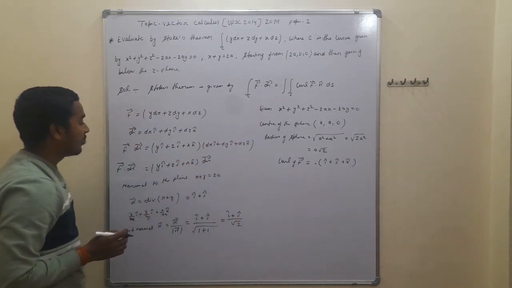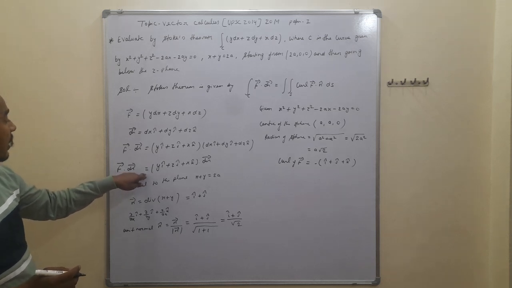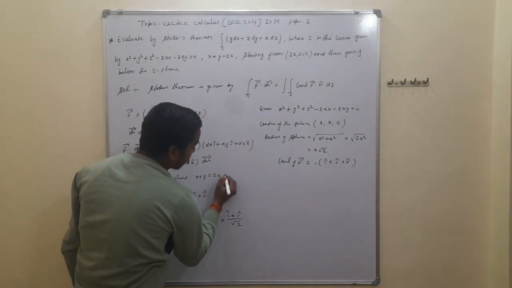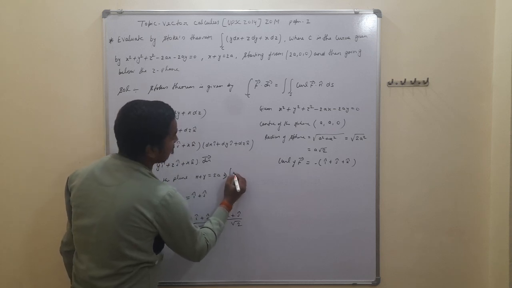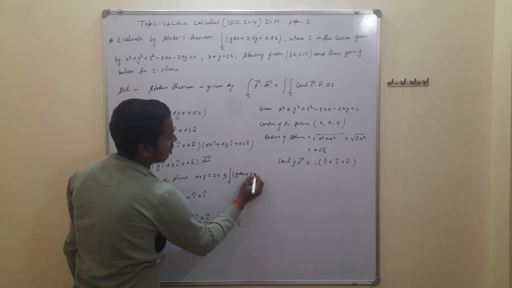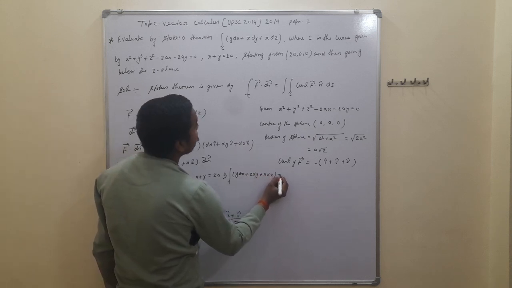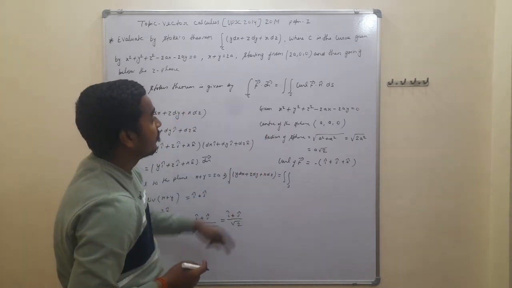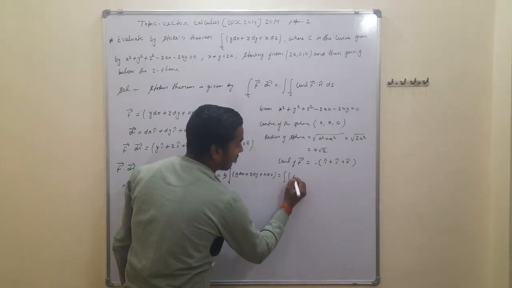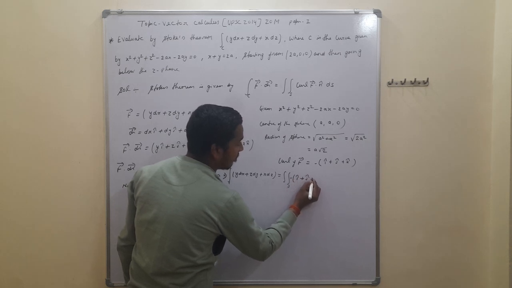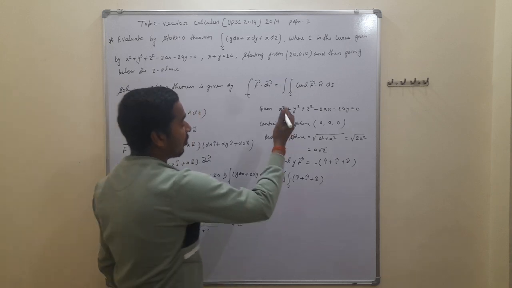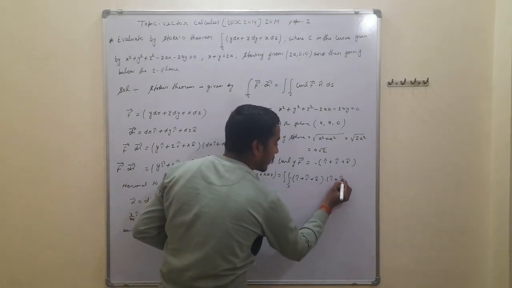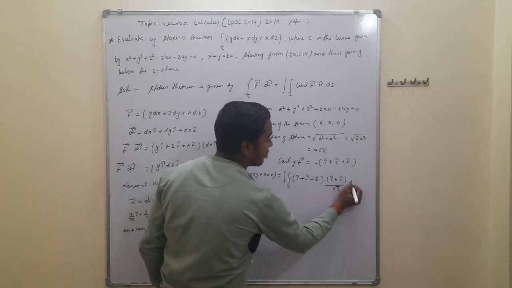We have to evaluate the integral of f dot dr, which is written as the closed integral over c of y dx plus z dy plus x dz, equal to the double integral over the surface of curl of f, which is minus i cap plus j cap plus k cap, dot the unit normal i cap plus j cap upon root 2, times ds.